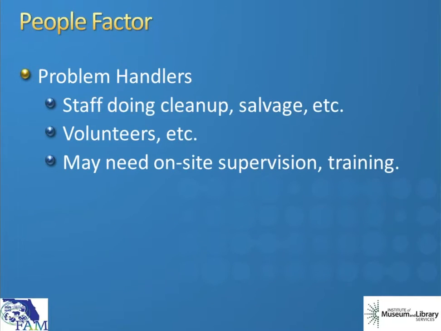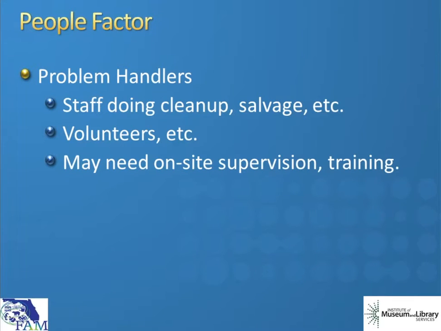The problem handlers are the third category, and these are the people who will work on the problem at hand, whether it be salvage or cleanup or whatever. They can include staff, volunteers, anyone that's helping you resolve a problem. And you may have 2 problem solvers. You may have one directing the staff and someone else coordinating communication.